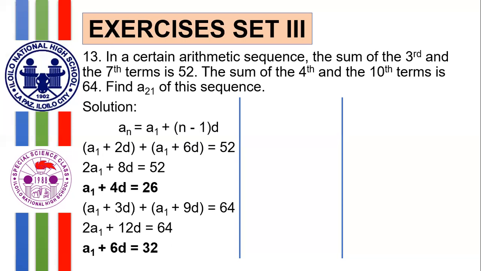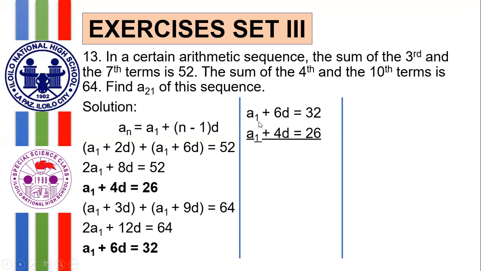All right, so far so good. And you could see we have a system of linear equations. These two in bold here are the equations. What we can do is we may now employ what we call elimination. If you wish, you could also do substitution. So to eliminate a sub 1, we have to subtract both sides.